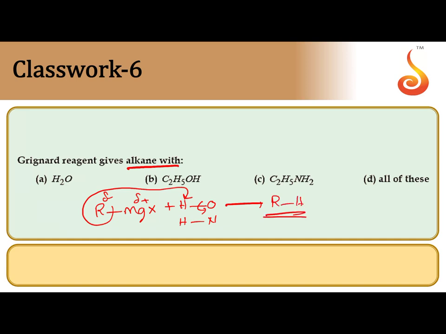So with any compound containing acidic hydrogen, Grignard reagent can take H plus and form alkane. In H2O, acidic hydrogen is present. In ethyl alcohol, the OH bond is there, acidic hydrogen is present. In ethylamine also, the NH bond is there. That's why with any compound, it takes a proton and forms alkane. So the answer is all of these.